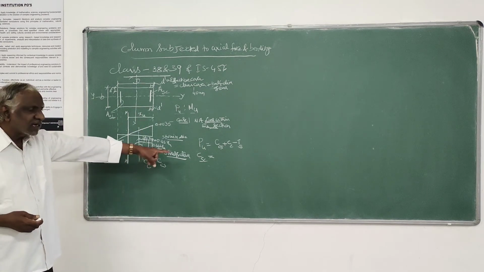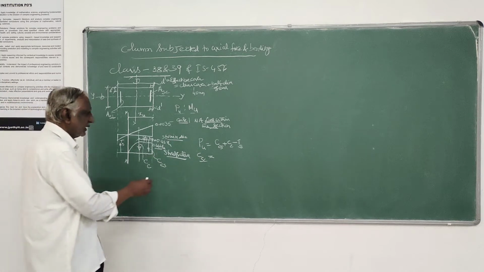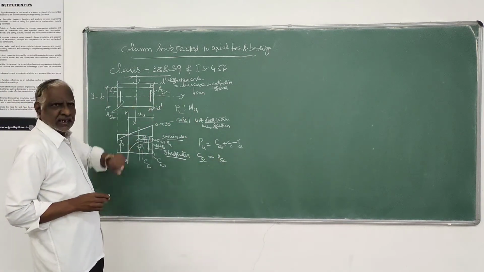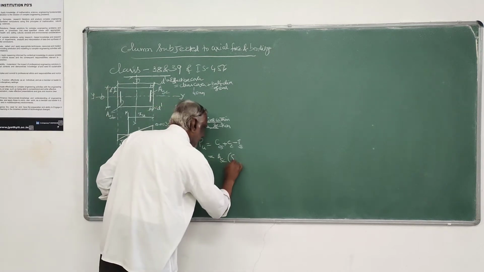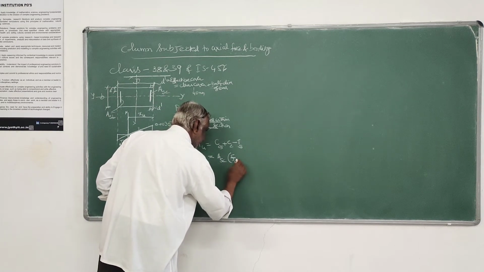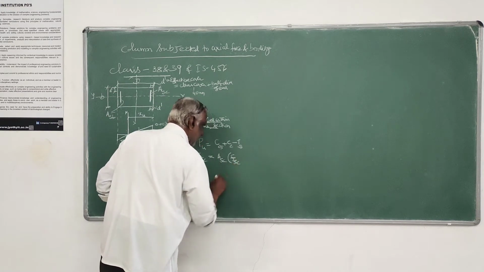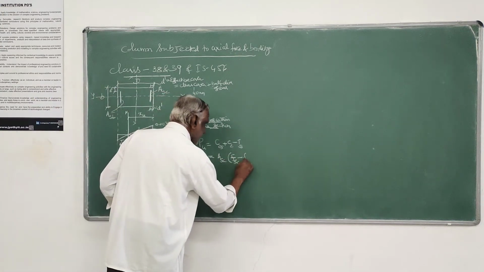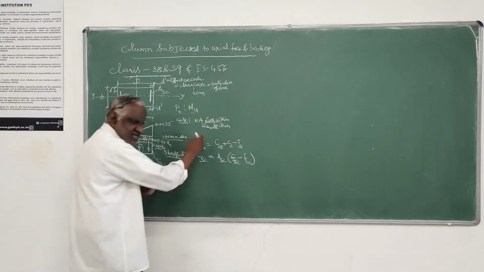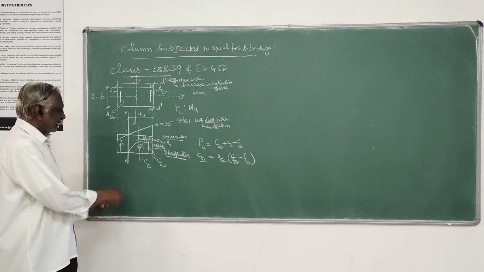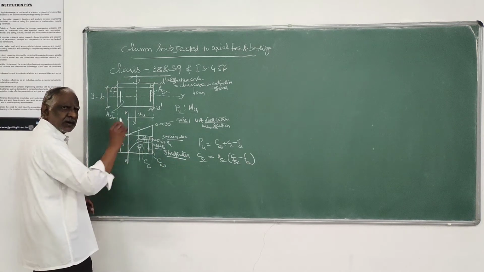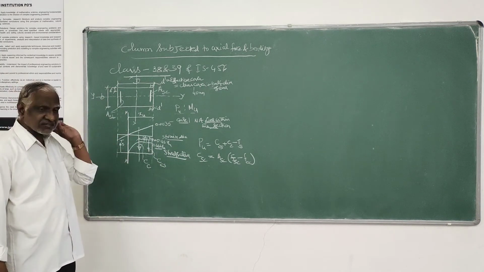It is the area of that compressive steel, Asc, multiplied by fsc, the allowable compressive stress in steel, minus the stress in the surrounding concrete. In the surrounding concrete, this stress you can take as 0.446 fck.